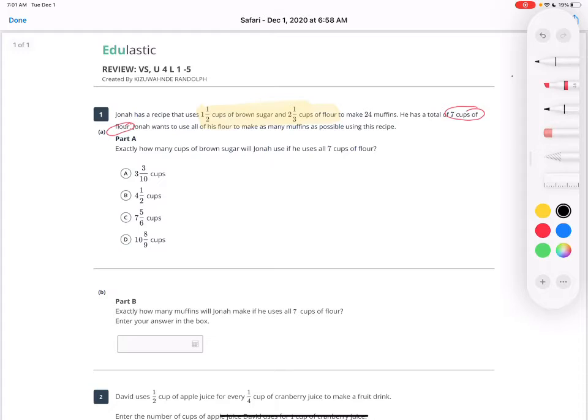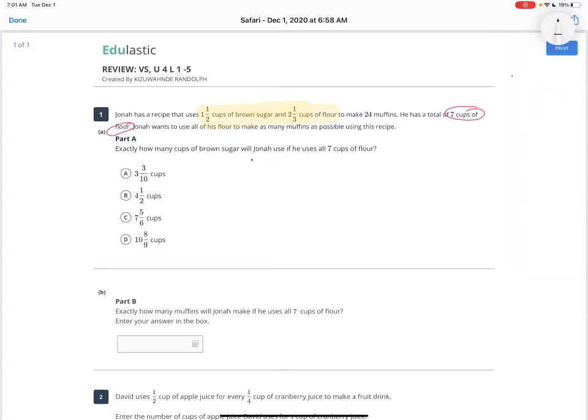So I'm going to write that down. 3 over 2 cups of brown sugar to, and this one, it says 2 1/3, so 2 times 3 plus 1 is 7 over 3, or 7/3, cups of flour.